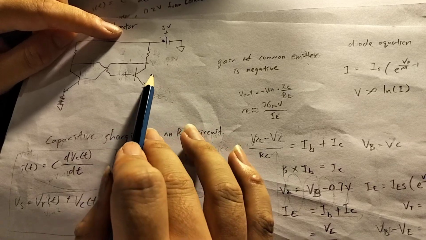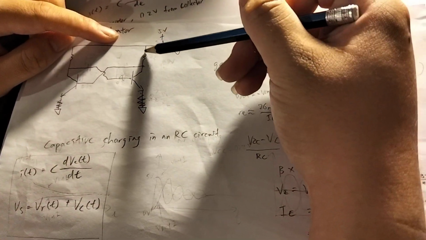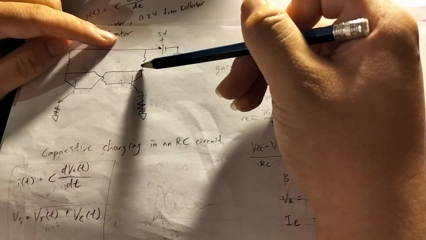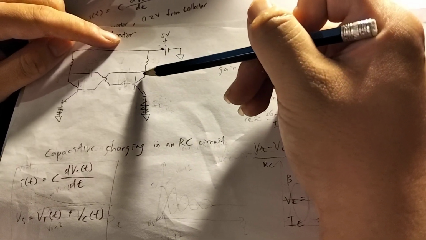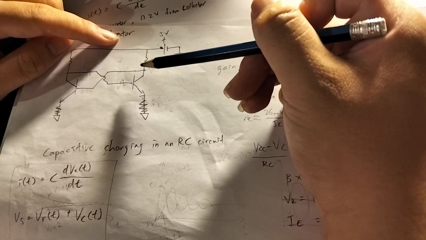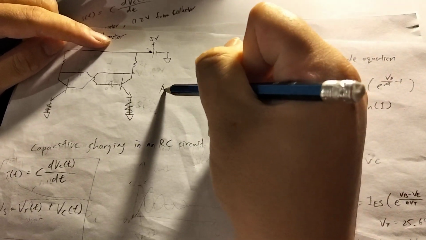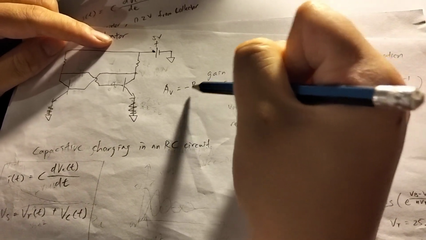This current comes from the collector, so the collector voltage drops below where it used to be. So it has a negative gain: AV equals minus RC over RE.